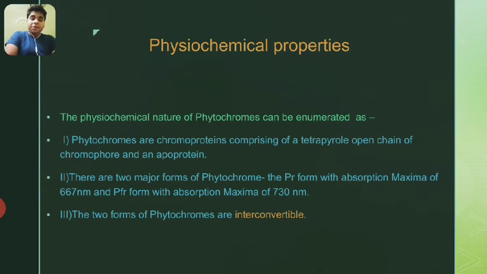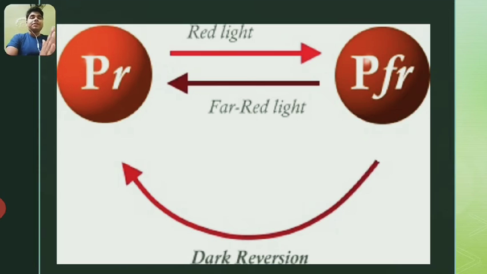So what is interconvertible? Here you can see in this picture the two forms of phytochrome, PR and PFR. When the PR form of phytochrome absorbs red light, it is converted into the PFR form, and in turn, the PFR form is converted into the PR form. PR form is blue colored and PFR form is blue green colored.